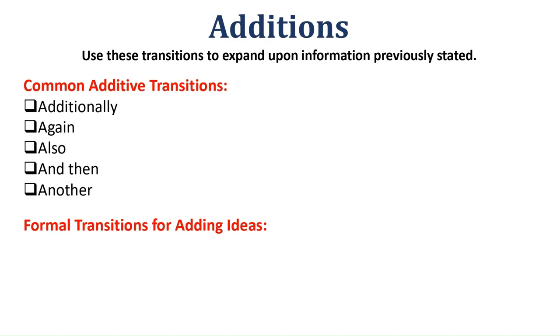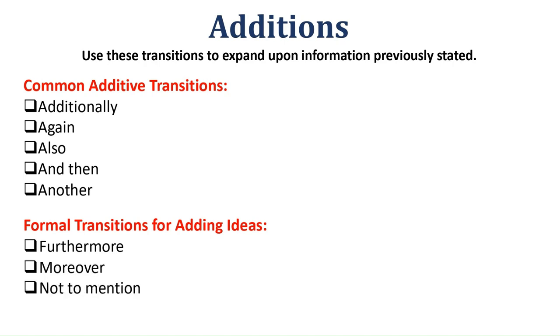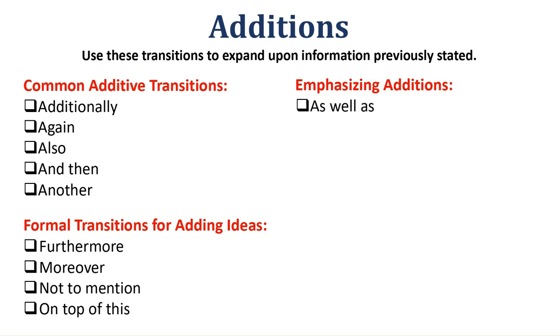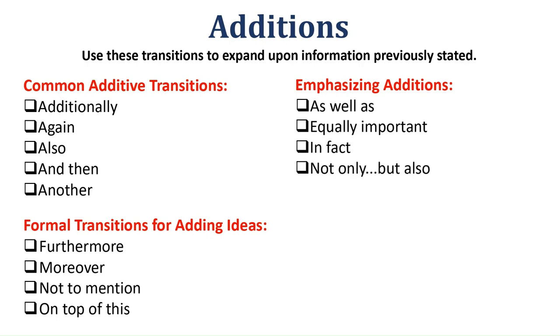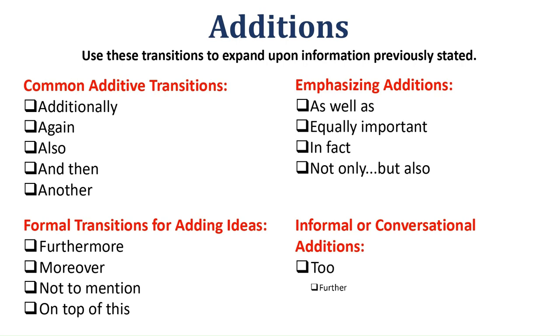Formal transitions for adding ideas: furthermore, moreover, not to mention, on top of this. Emphasizing additions: as well as, equally important, in fact, not only, but also. Informal or conversational additions: too, further.